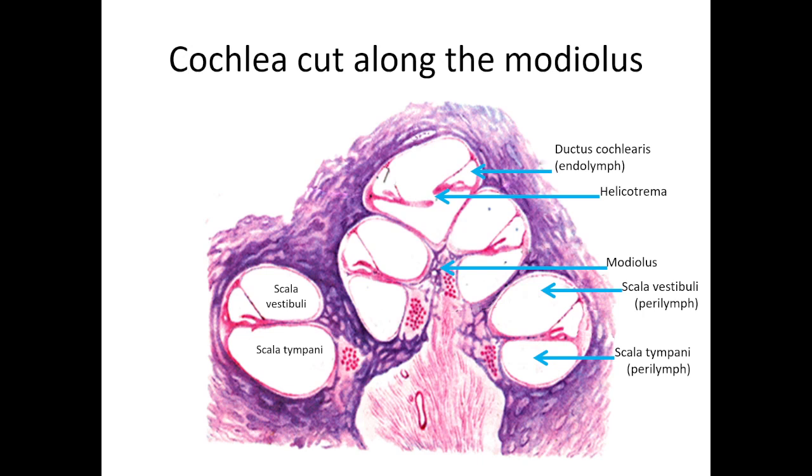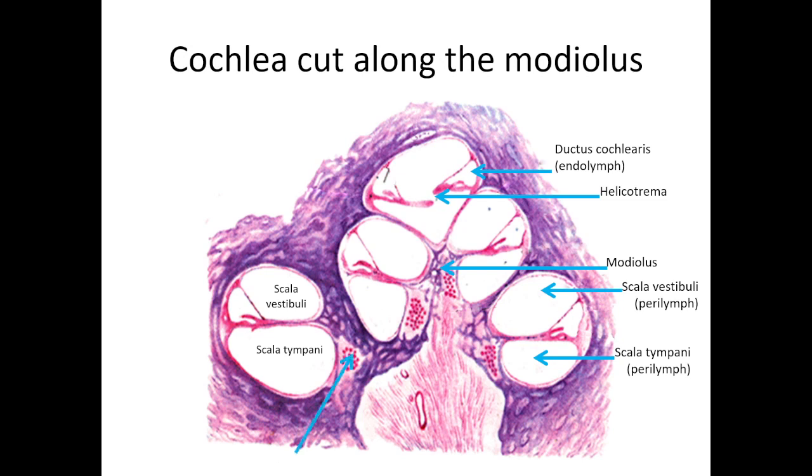Endolymph. May I ask you, perilymph and endolymph, do they mix with each other? No. They are different fluids. They don't communicate with each other. They are always separate from one another.